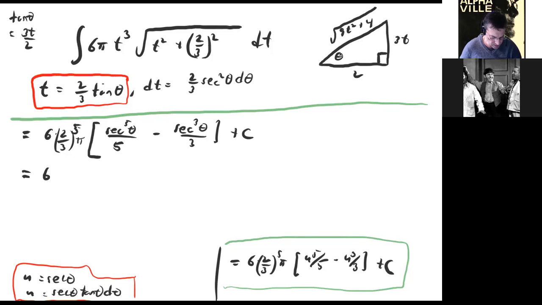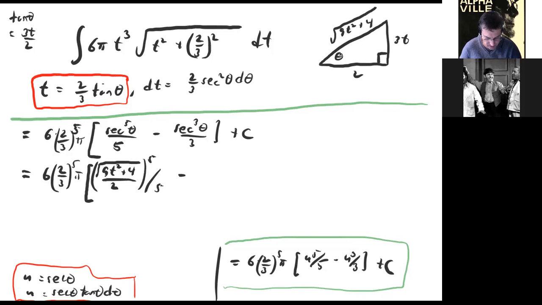So we get 6 times 2/3 to the 5th pi times, so secant theta is hypotenuse over adjacent, so we're going to get the square root of 9t squared plus 4 over 2, to the 5th power over 5, minus the square root of 9t squared plus 4 over 2, to the 3rd power over 3.